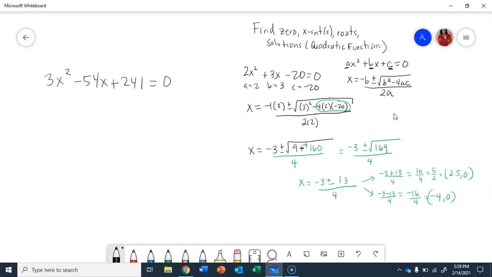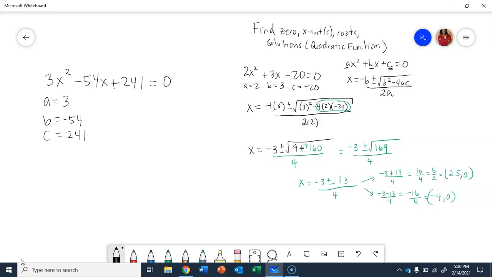The quadratic formula, again, is really good when something is not factorable, because I'm going to show how to do factoring. But if a problem is not factorable by default, go to the quadratic formula, okay? And then also you could do graphing, but I like the quadratic formula. Okay, so for this one, your a is 3, your b is equal to negative 54, your c is equal to positive 241.